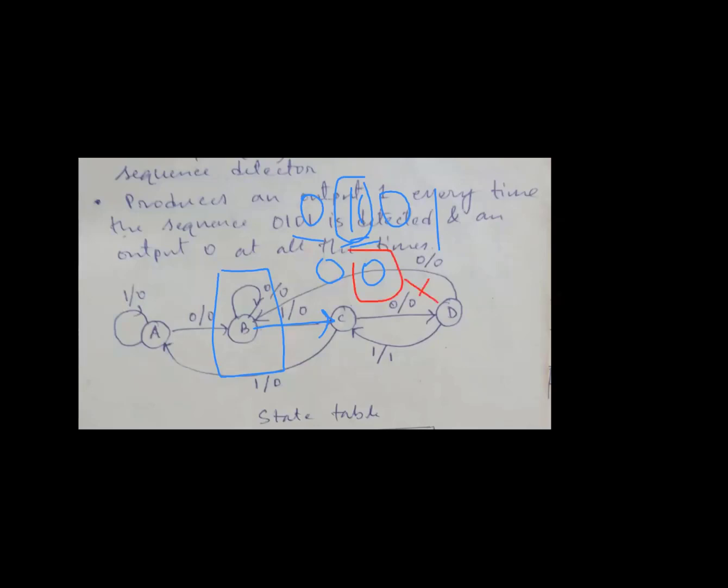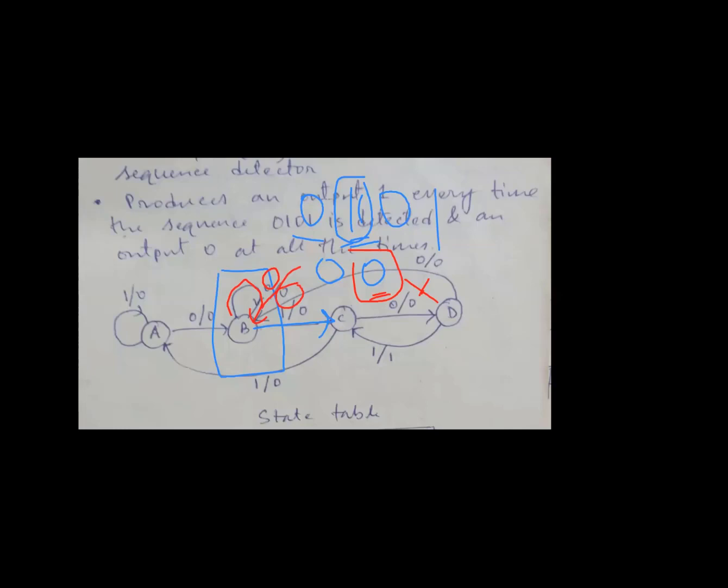It is not desired, we need 1 in place of this 0. So we simply make a loop over B for 0, since we need 1. And since this 0 is not desired, the corresponding output is also 0.